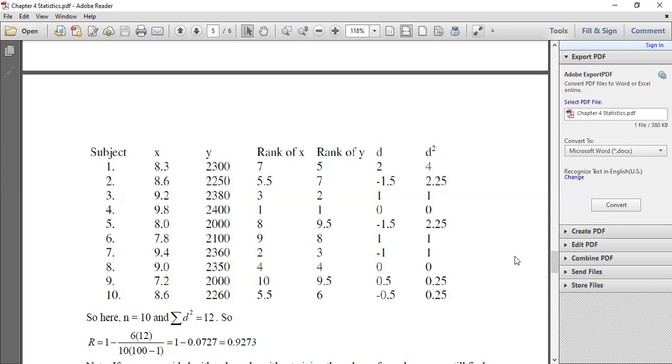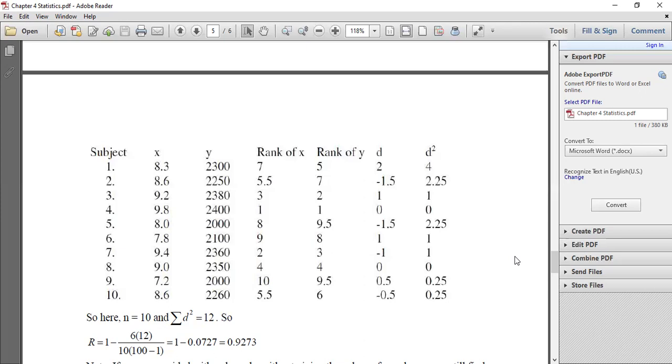Yes, you see now, in the Y, our tie is for the number that was supposed to be rank number 9 and rank number 10. So if you add 9 plus 10, you get 19. Once you divide that by 2, you get 9.5. So you can have the first two highest values tie, 1 and 2.